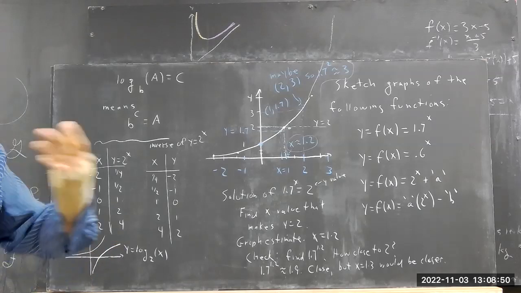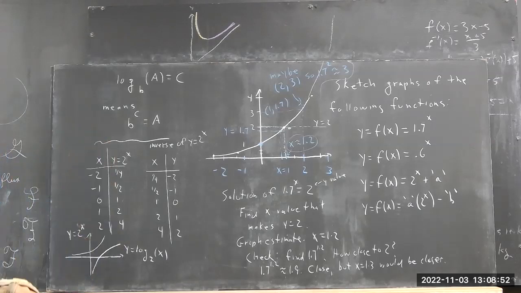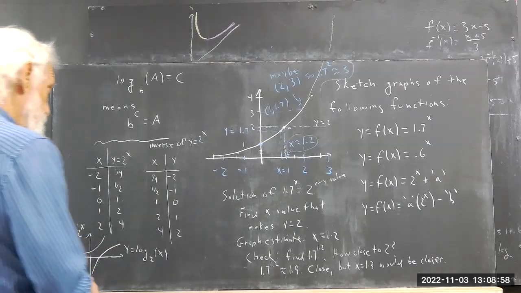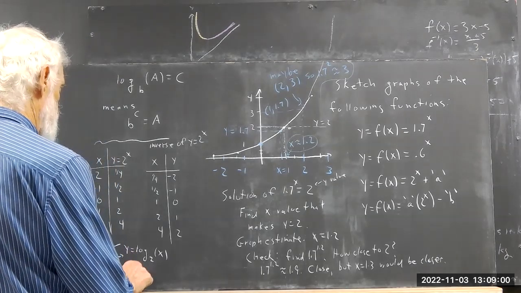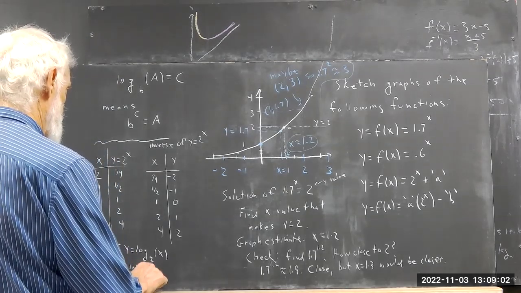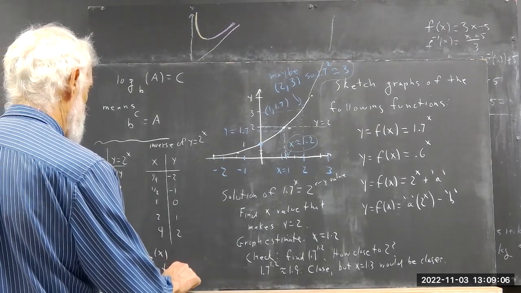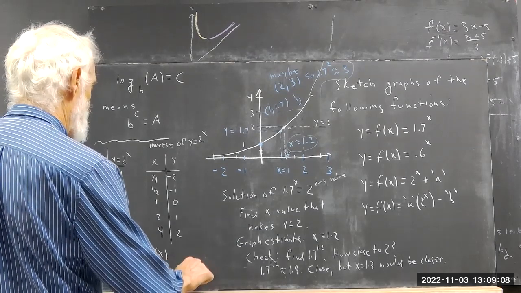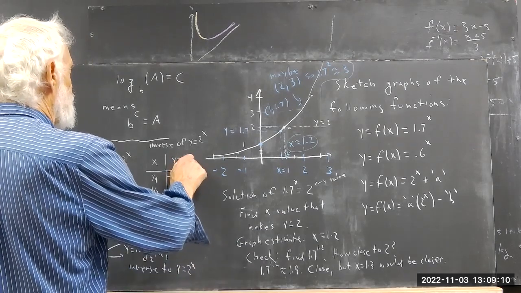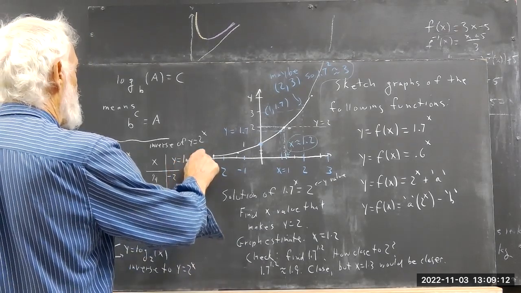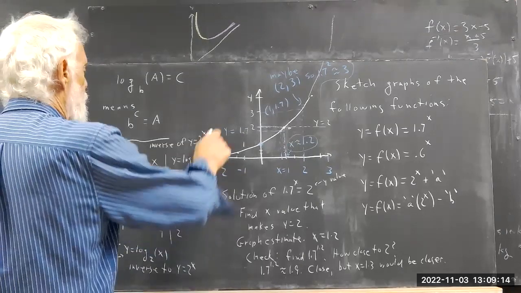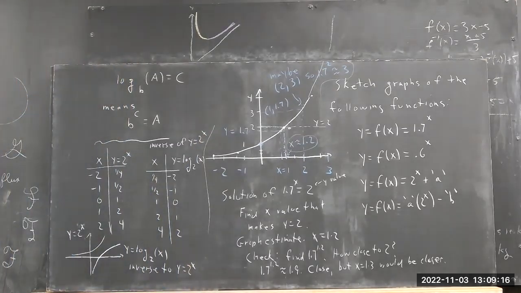You're going to see that as you get into the logarithmic functions. So here is the graph of the inverse of the 2 to the x function. So we can now say that this is a table for the graph of y equals log base 2 of x.